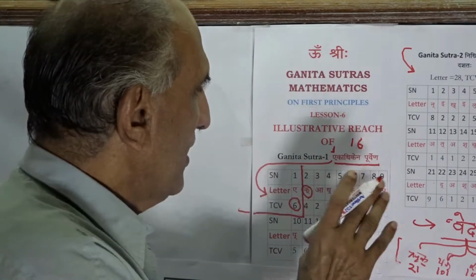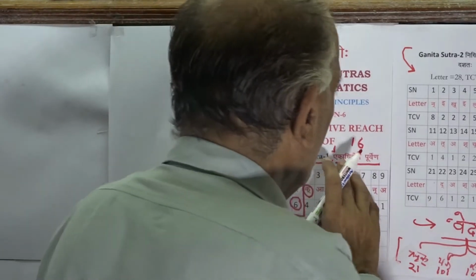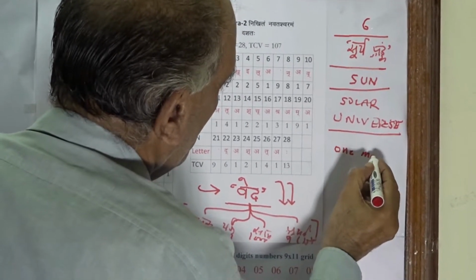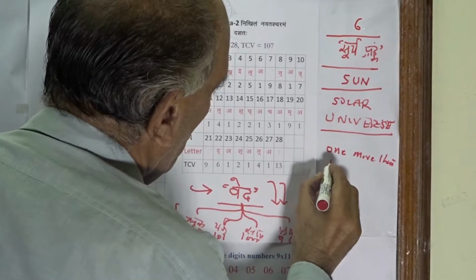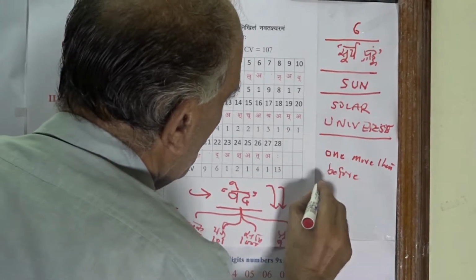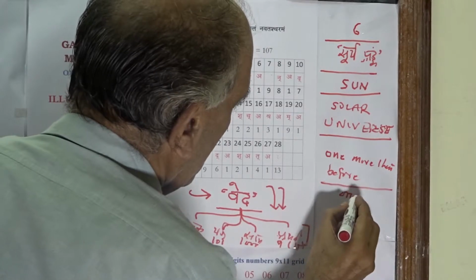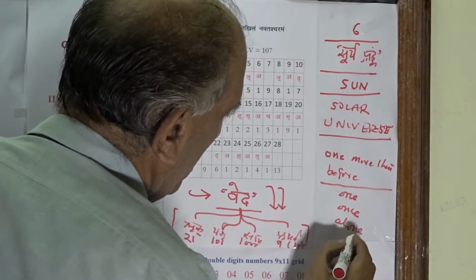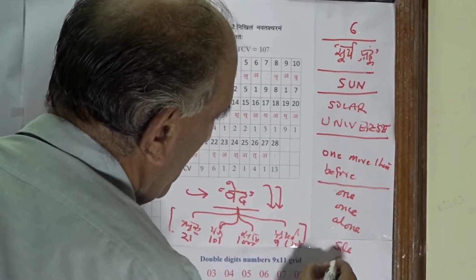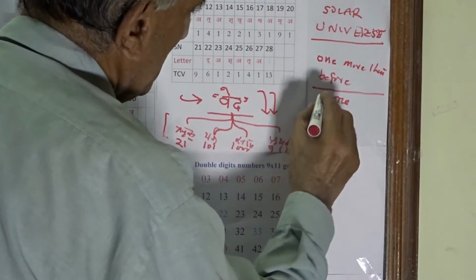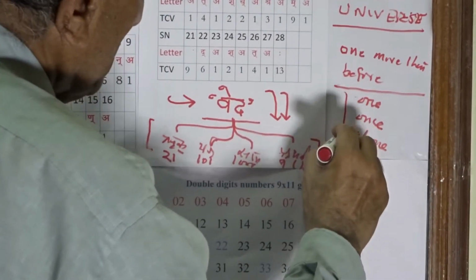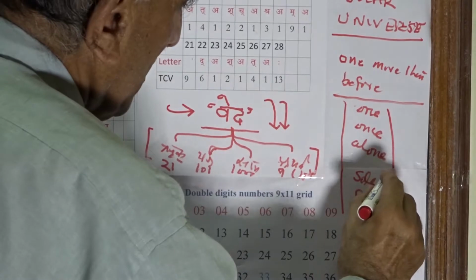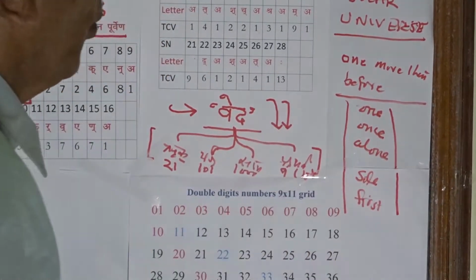Therefore, the first thing which we have learned is that Ganita Sutra 1 is giving us a rule: 1 more than before. We have also seen that this 1 can be once, it can be alone, it can be soul, it can be first, and like that there are a very large number of organizational manifestations of value 1.